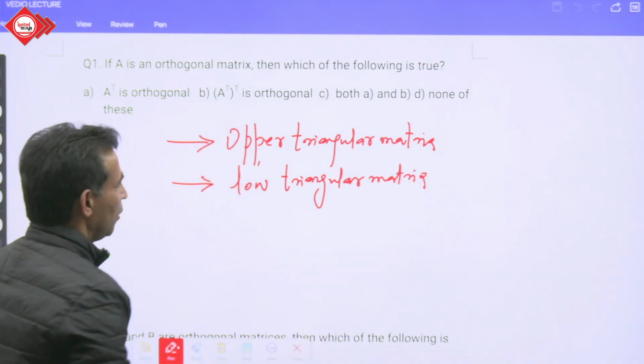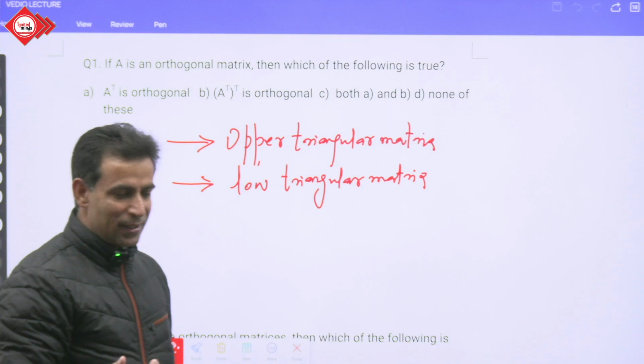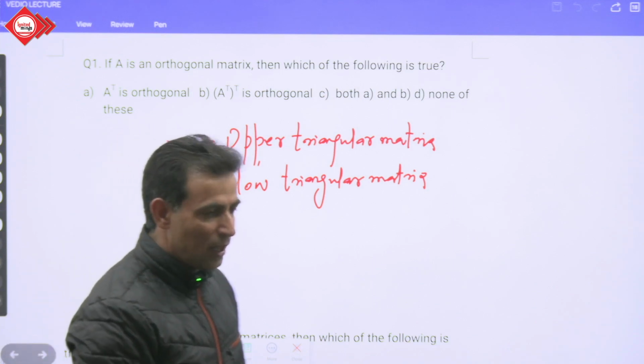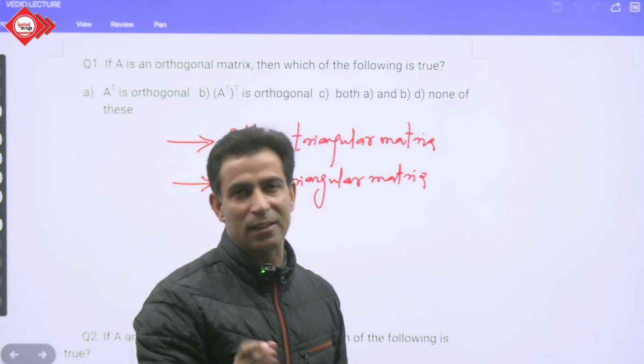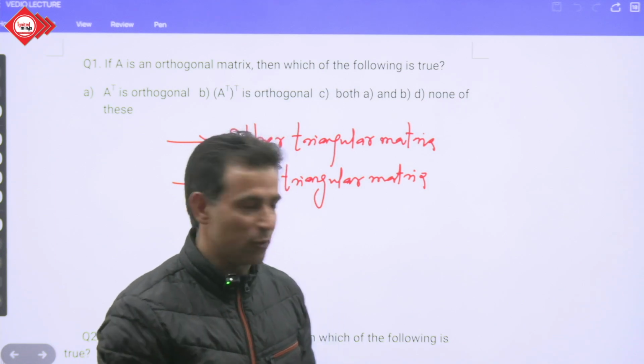Okay, we have symmetric matrix and skew-symmetric matrix that have already been discussed in previous lectures, in previous video.